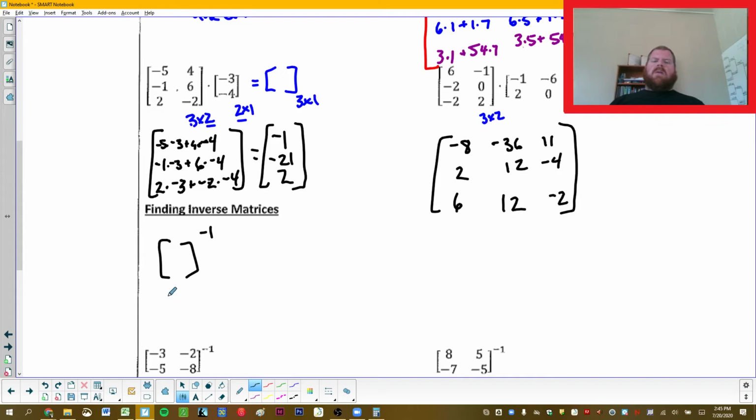The most prominent of those is that it must be a square matrix. And that meaning that it's either a 2 by 2 or a 3 by 3. I guess it could be a 1 by 1, but that's not really that much of a matrix as it is just a number. So it must be a square matrix.